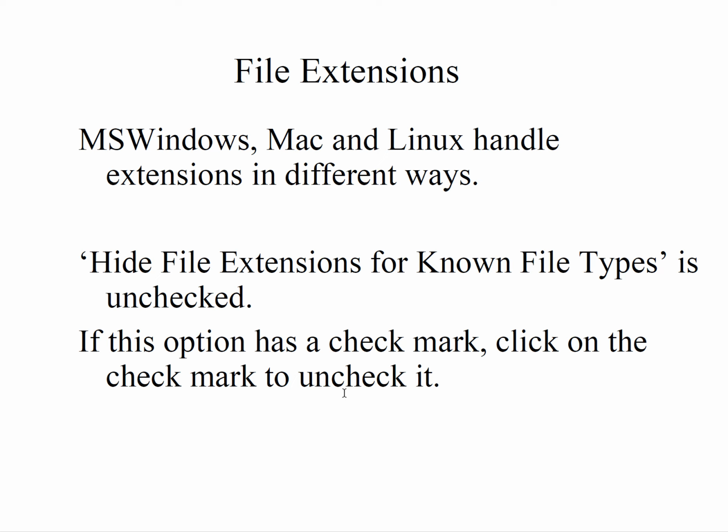You want that unchecked so that it is not hidden. Again, with some operating systems and some people's computers, this is checked by default, and you need to uncheck it. Okay.